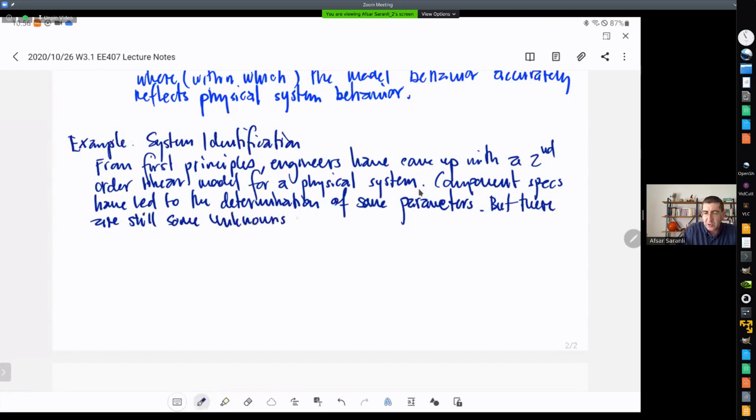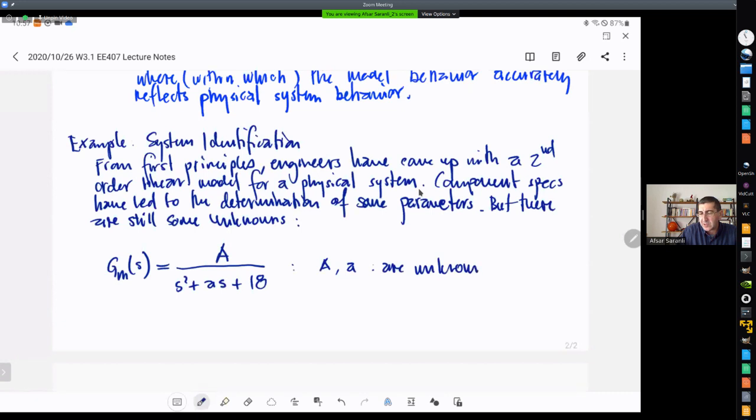Okay, so we are writing this model GM of S as A over S squared plus small a S plus 18, where capital A is an unknown. So that means capital A and small a are unknown model parameters.